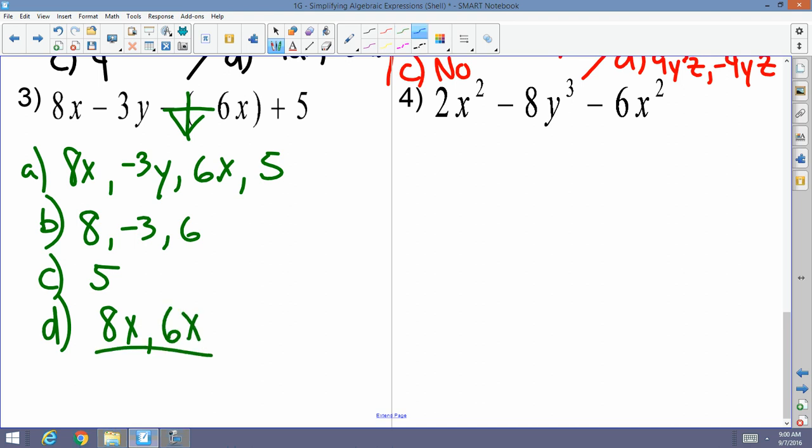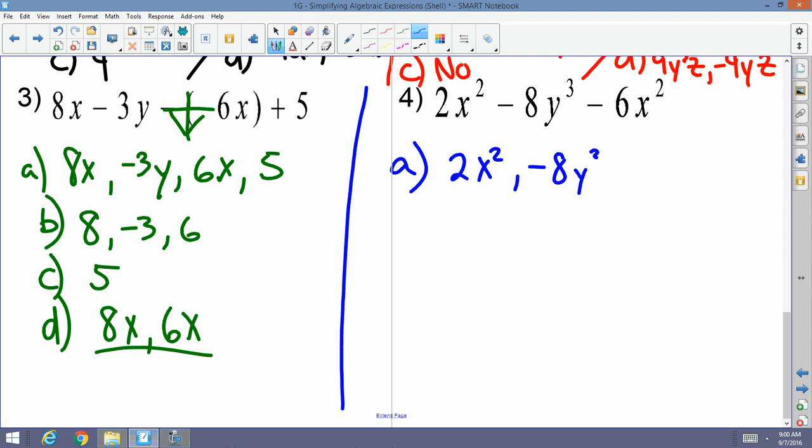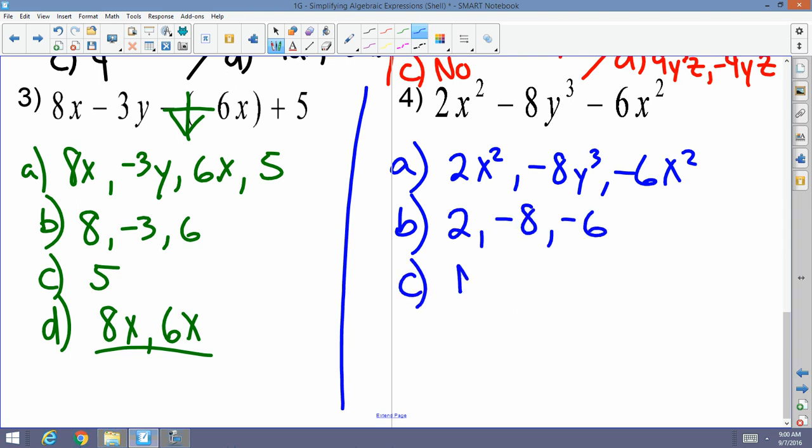Okay, number 4. My terms. I got 2x squared, a negative 8y cubed, and a negative 6x squared. B, my coefficients. I've got a 2, a negative 8, and a negative 6. C, my constants, none. There are no terms here without variables.